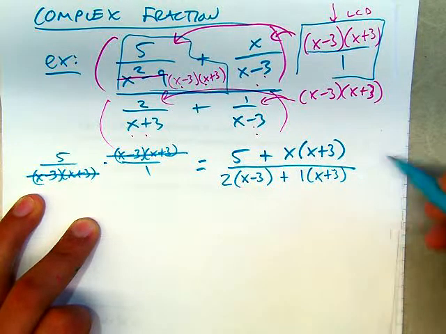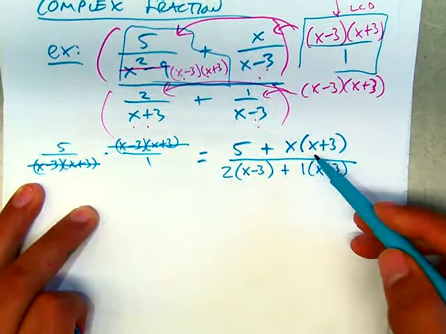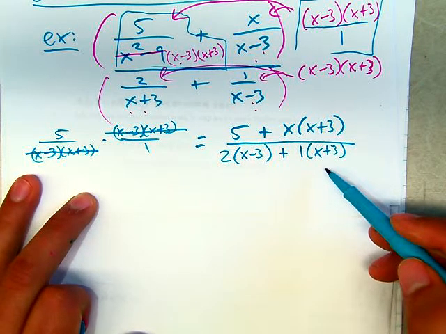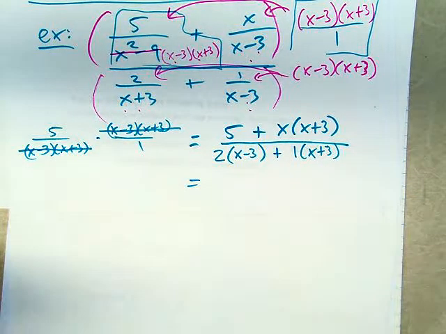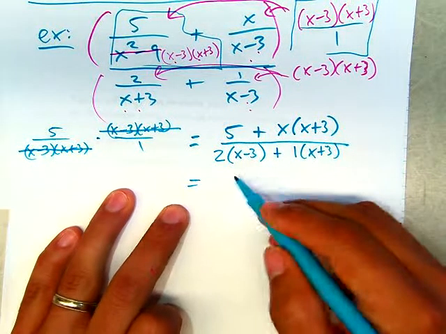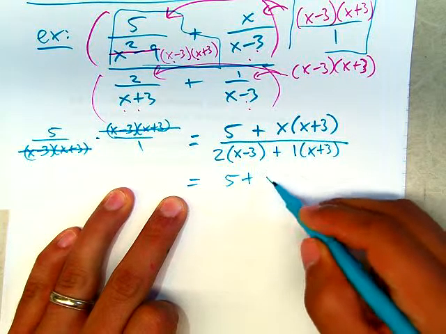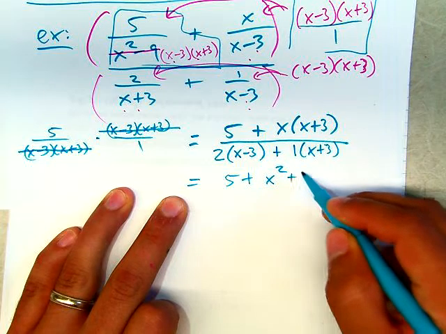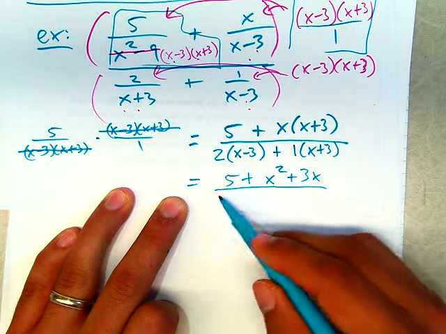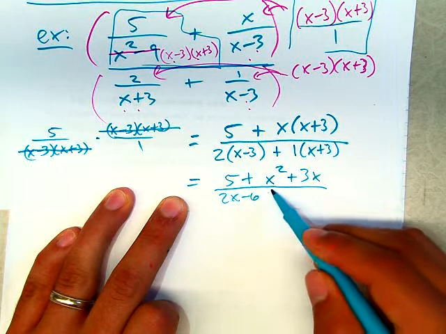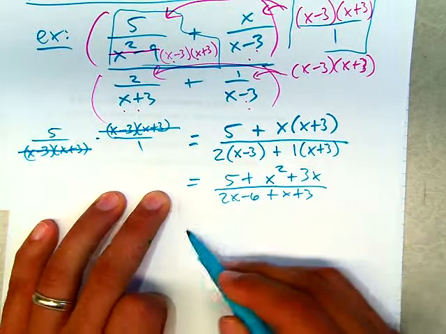Good. So we've gone from a complex fraction to something that's not complex anymore. The only thing we can do is combine some like terms and then go from there. So in the numerator, we get 5 plus x squared plus 3x. And then in the denominator, we have 2x minus 6 plus x plus 3.